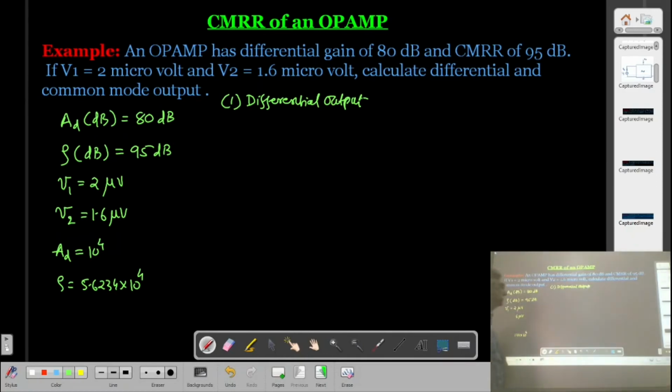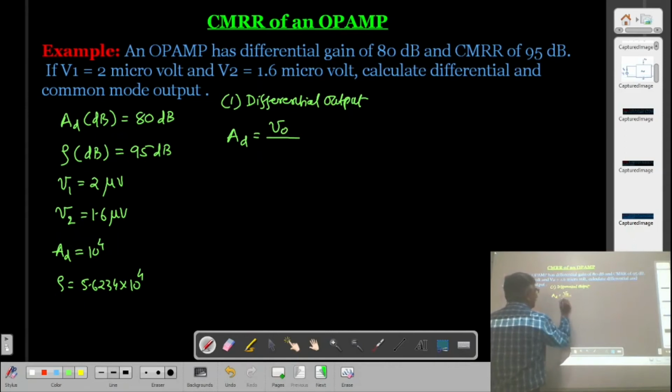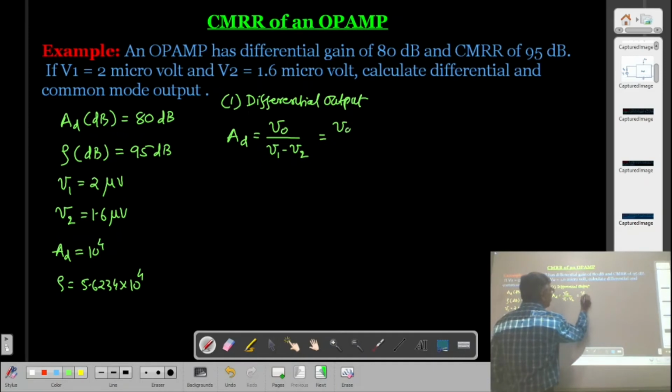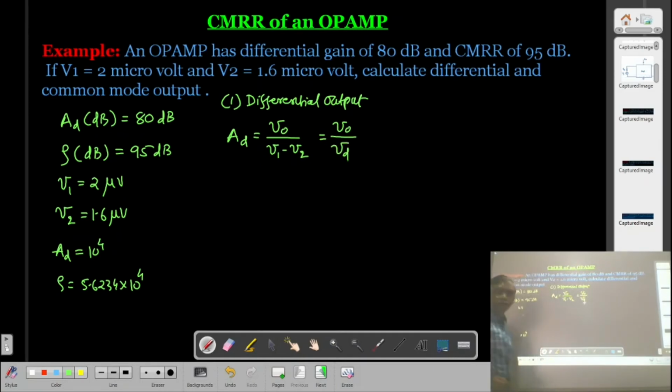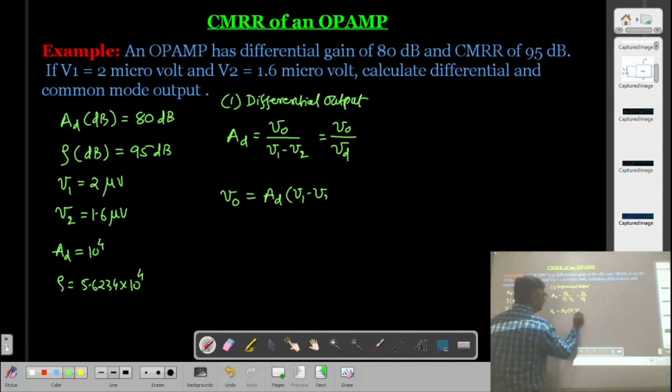Okay. In a differential output, we have defined the differential gain AD as equal to the output voltage divided by V1 minus V2. Correct? Or you can say it is the output voltage divided by the differential input. Therefore, the output voltage is given as AD into V1 minus V2.